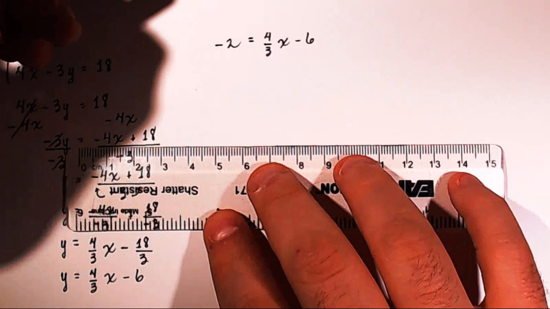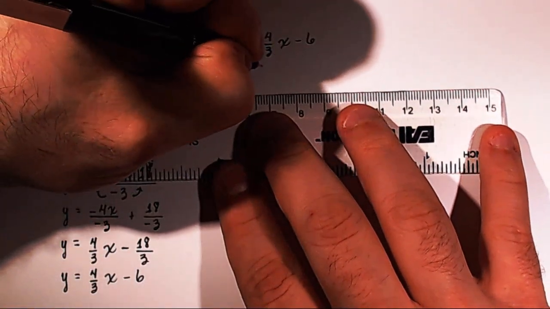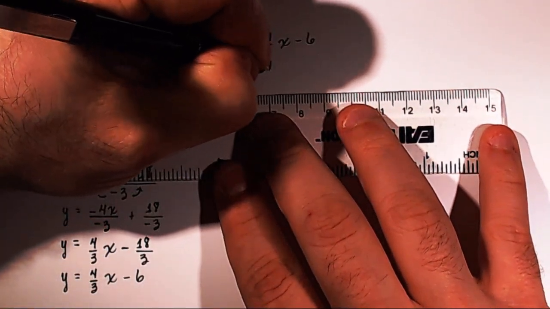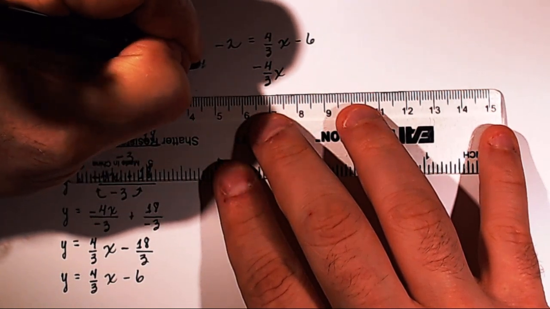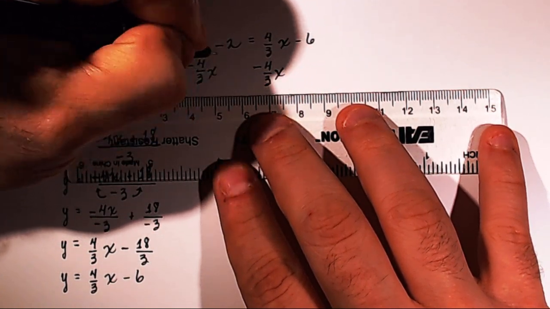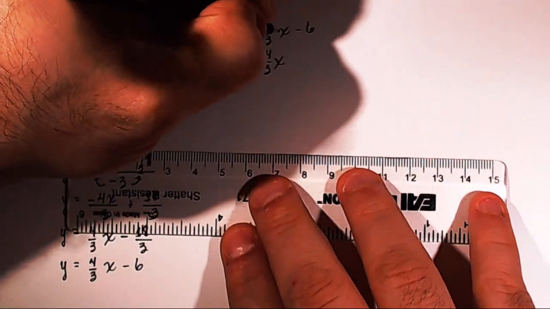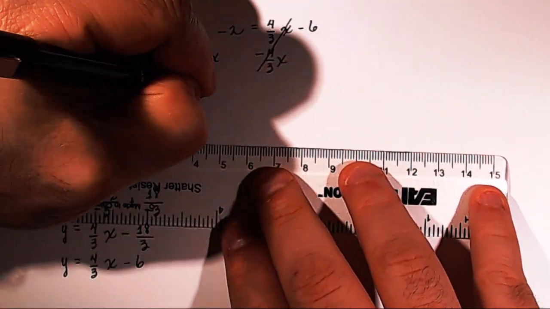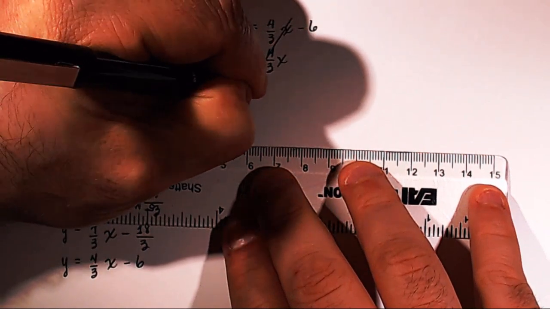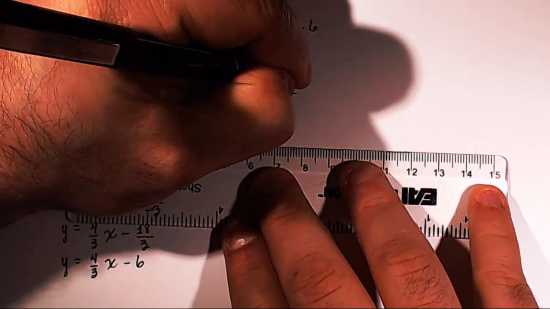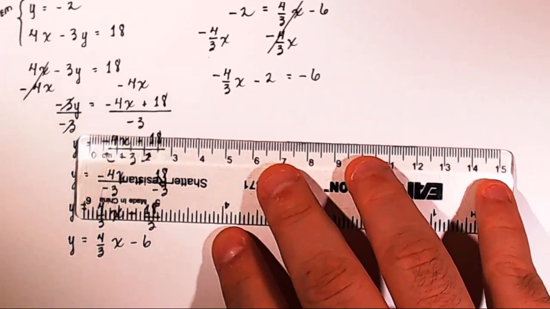Okay? So what I want to do now is get x by itself. So I'll subtract 4/3 x from both sides. Okay, these cancel, and I'm left with negative 4/3 x minus 2 equals negative 6.